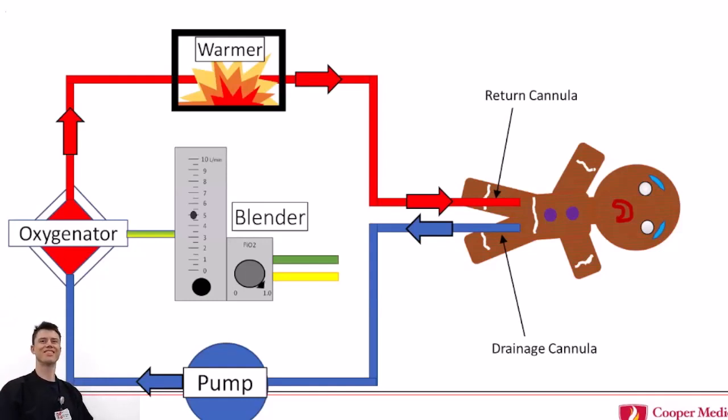What is it? FiO2, yeah, the fraction of inspired oxygen. Like I said, most of our patients are on 100%, so we're not changing this that often. But if somebody wasn't, you can turn that up to 100%, much like on the ventilator. So blood flow going through the ECMO circuit and FiO2 determine oxygenation.